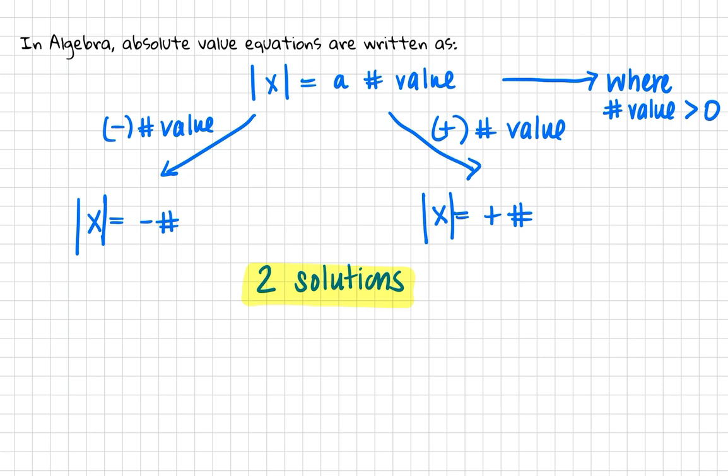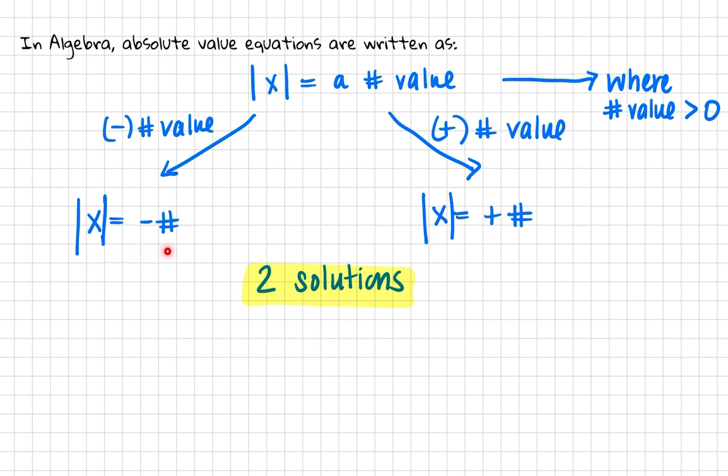In algebra, absolute value equations are written as follows. So you're going to have the variable inside the absolute value bracket, and it will be equal to a number value. We don't know what it is, but we do know that the number value is going to be greater than 0. To solve it, you are going to form two cases.